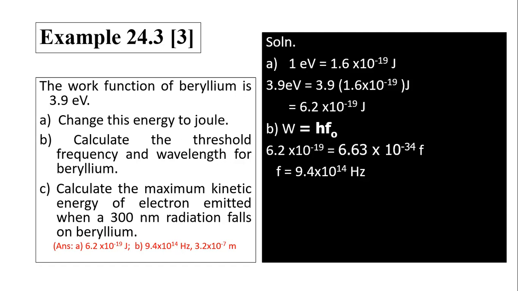You don't use that formula, K max equals hf minus W. We are not using that yet. You are just working with work function, that's all. You must know how to get your threshold frequency from work function. I'm trying to get you to familiarize yourself with your formula, how to relate work function and threshold frequency.